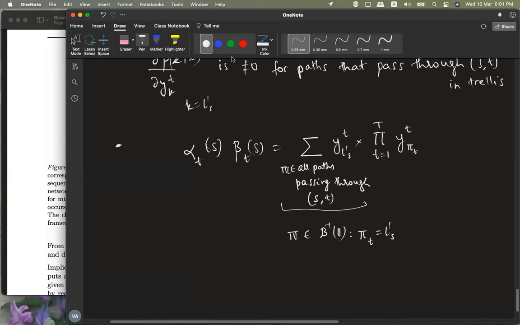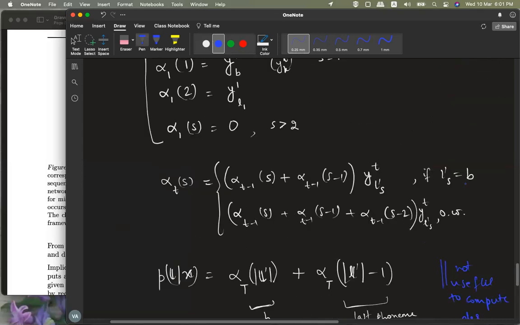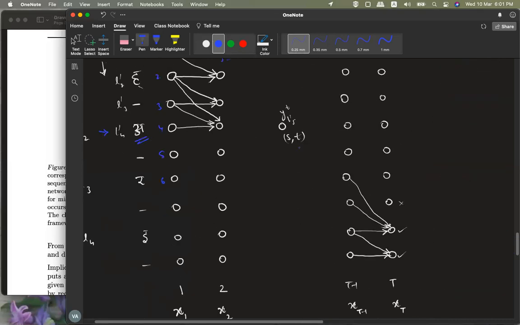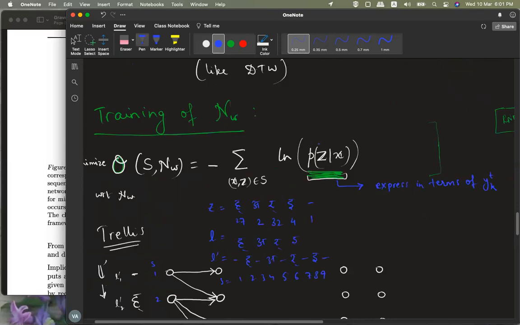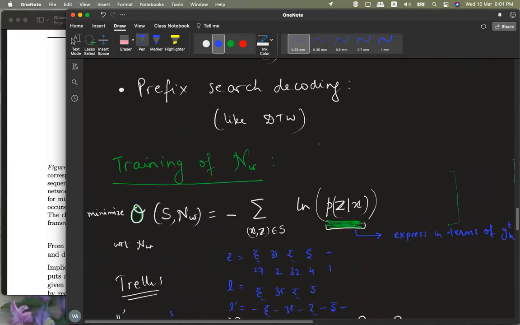Now what is this term? Let us look at this term. This is the probability of path given x, right? Probability of the path pi given x. And now remember what was the term which I'm interested in? P l given x. What is P l given x in terms of pi?